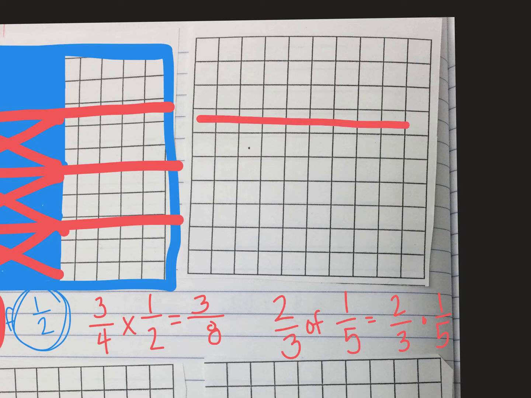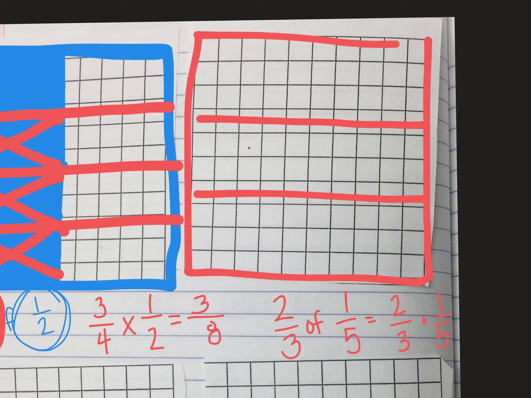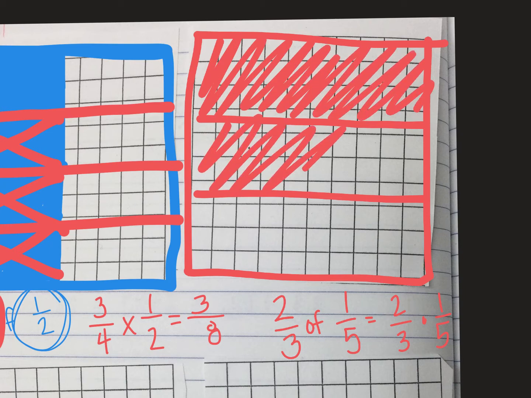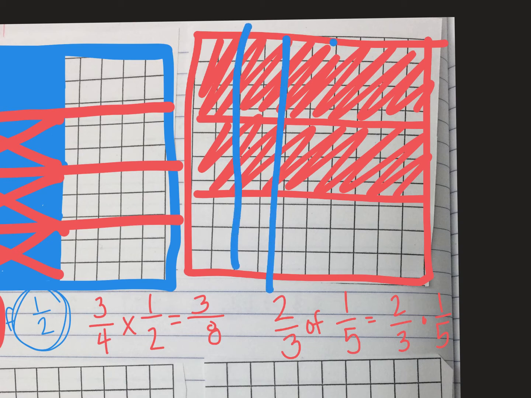So 1, 2. So I have 2/3. So 1, 2. There's my 2/3. And now I want 1/5 of it. So I'm going to separate the other way. 3. And it doesn't have to be perfect, remember? So I have 1/5 is just that little square.